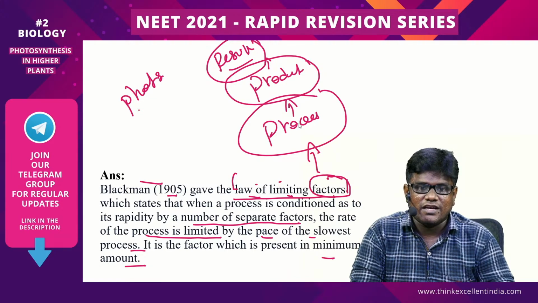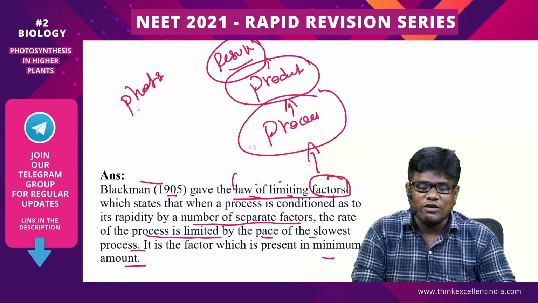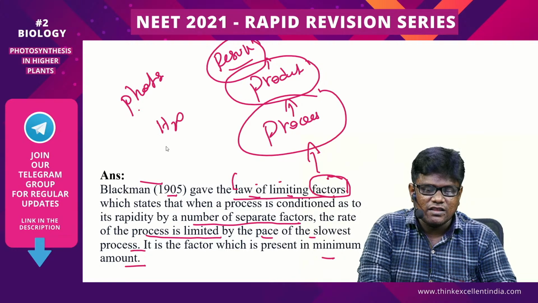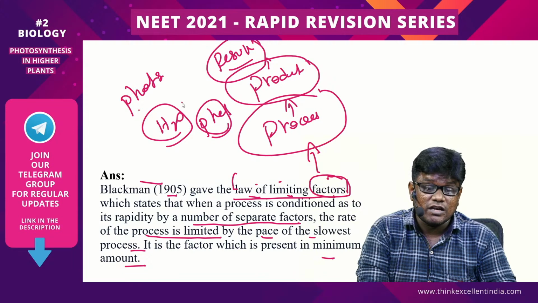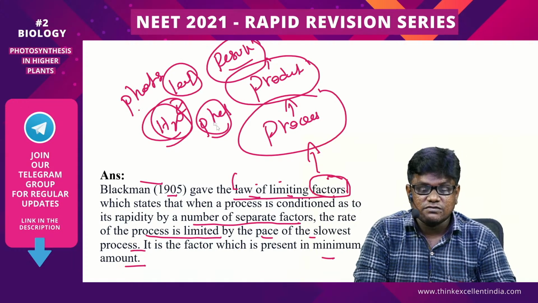Water transportation is important for the leaf material. If the leaf has water content, the photosynthesis process will go well. For photosynthesis to go well, water is required on the leaf surface. So that is very important.